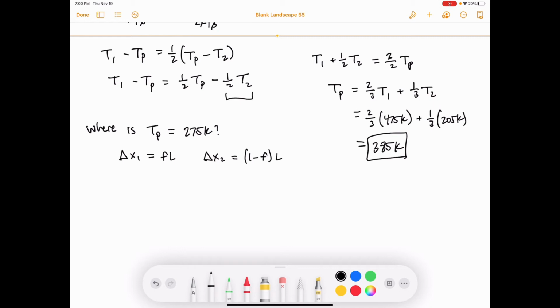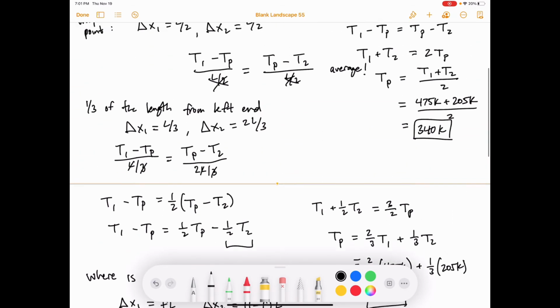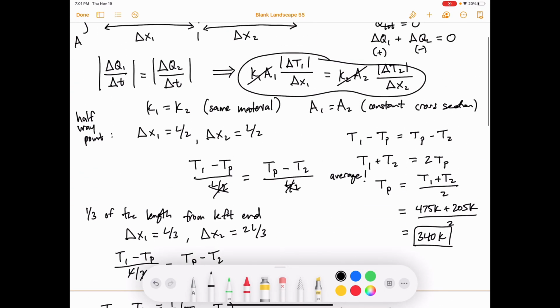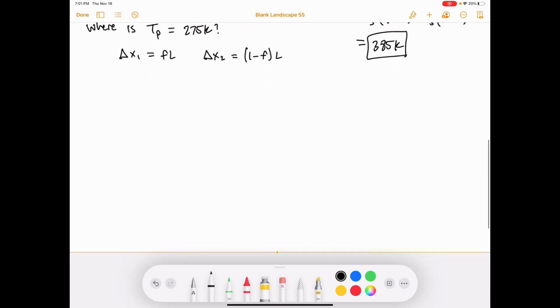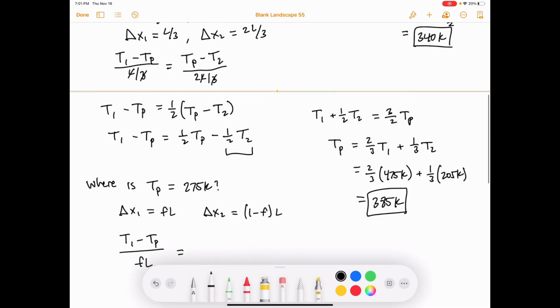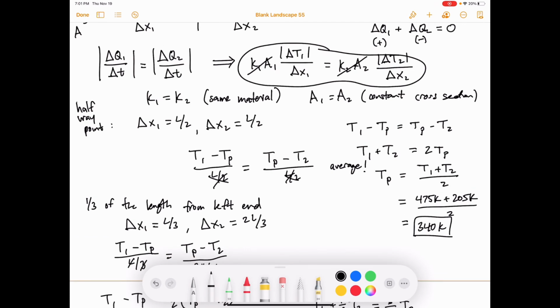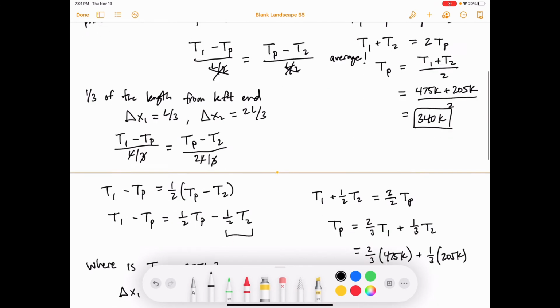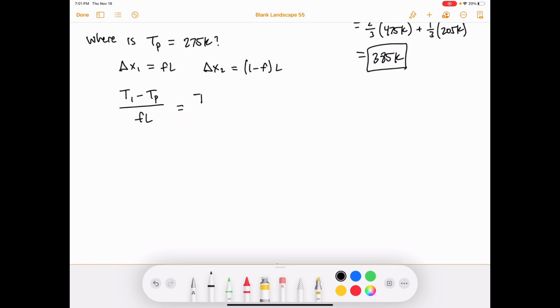Whatever that fraction is, we'll find it. So using the same sort of setup as before, again, we have delta T1 over delta x1. So that's going to be T1 minus Tp over F times L equals delta T2 over delta x2. So that's going to be Tp minus T2 over 1 minus F times L.